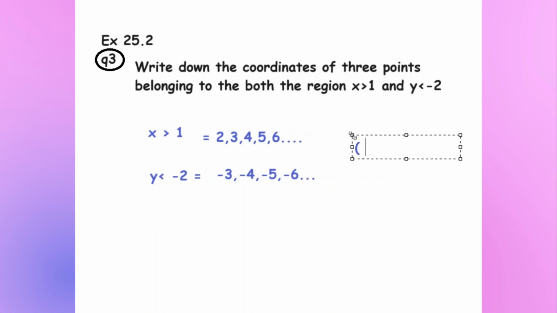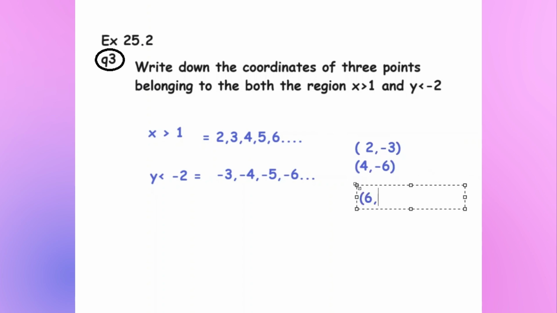For example, 2 comma minus 3, 4 comma minus 6, 6 comma minus 4. Like that, you can make pairs using x and y values.